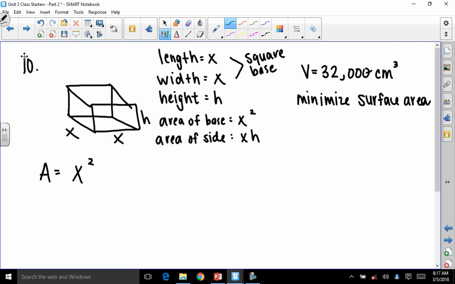How many of those do we have? 4 of them, right? There's 4 sides to a box. So we're going to take the area of one base, x squared, plus 4 times the area of the side, which is xh. Okay?